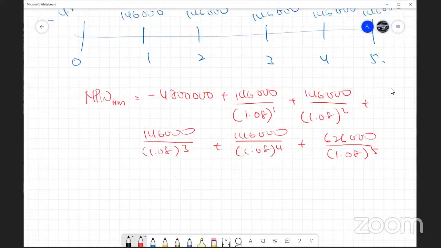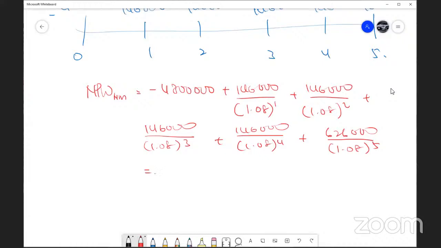Total up all of this together, then you can get your NPV.